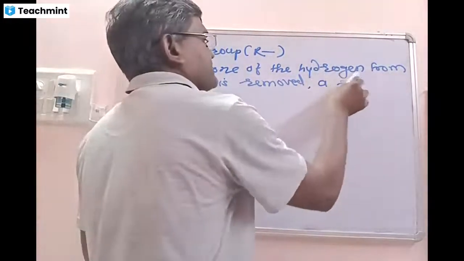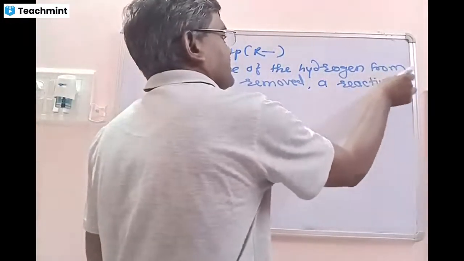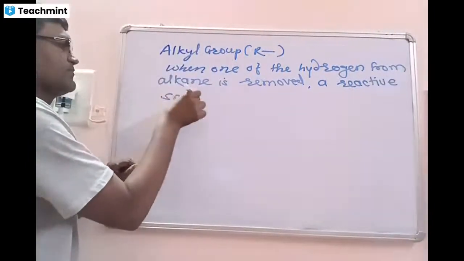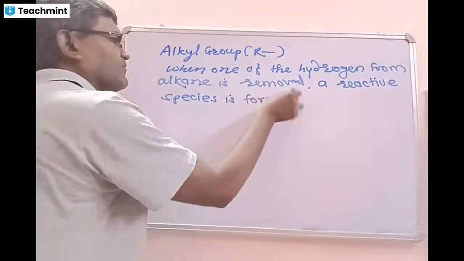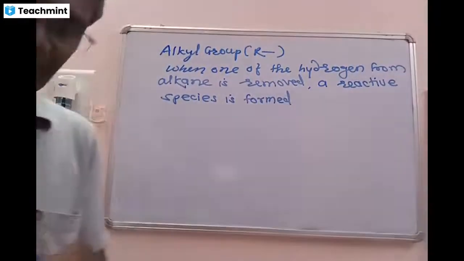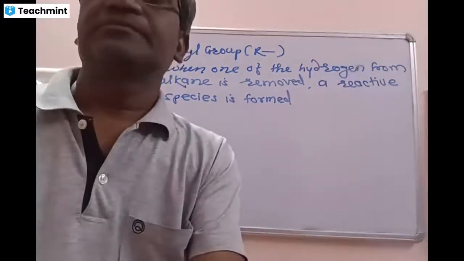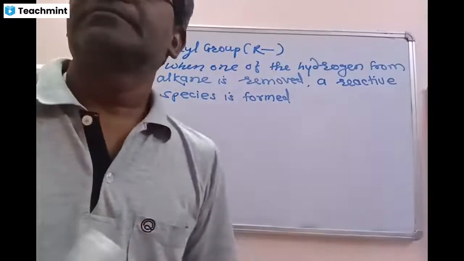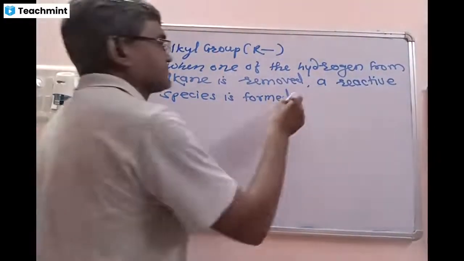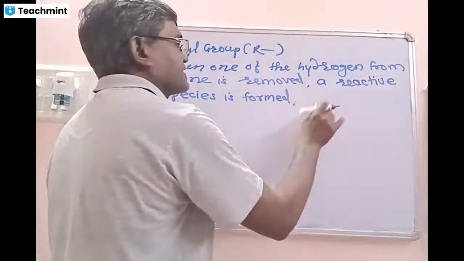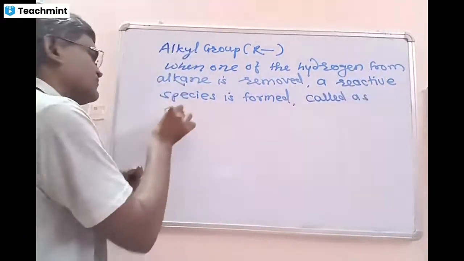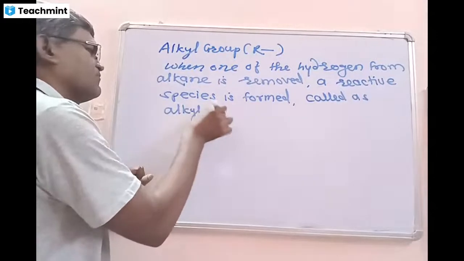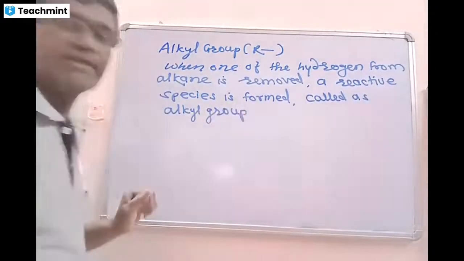The reactive species, ये कोई कंपाउंड नहीं होगा, that is the species. Reactive species will be formed, and such a reactive species is called as alkyl group.